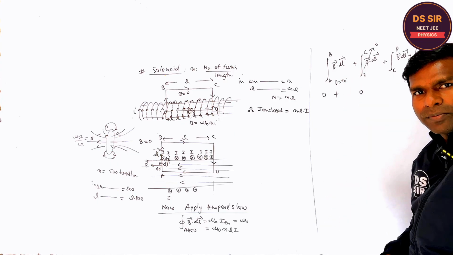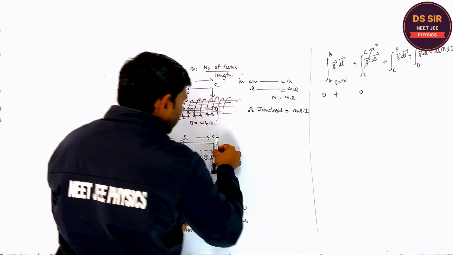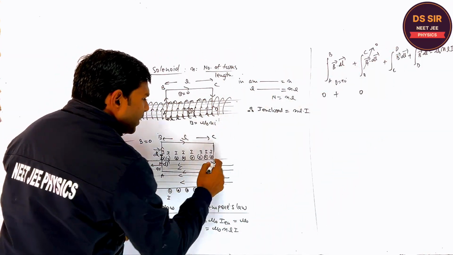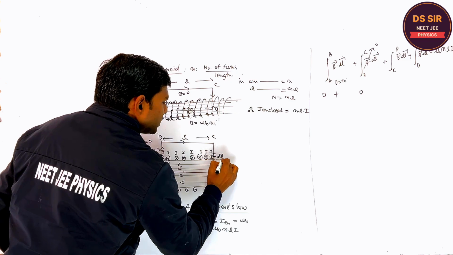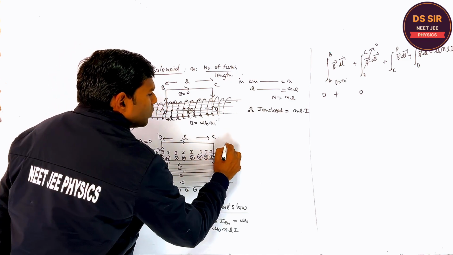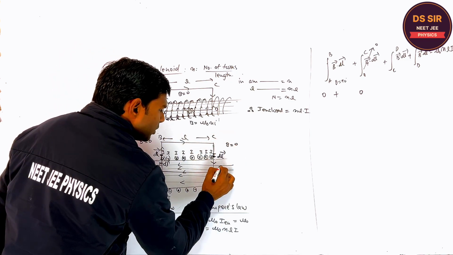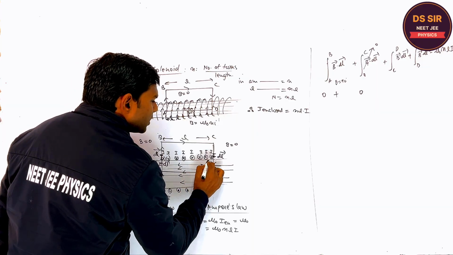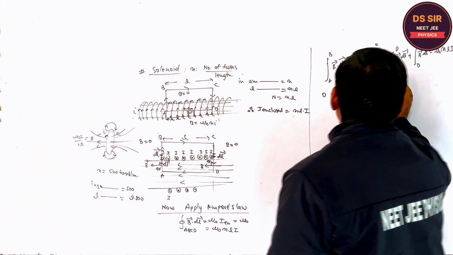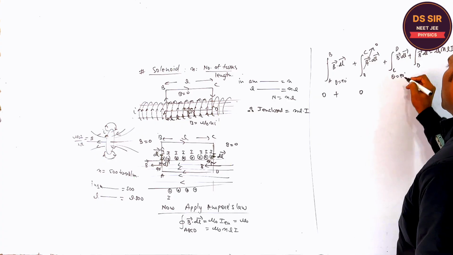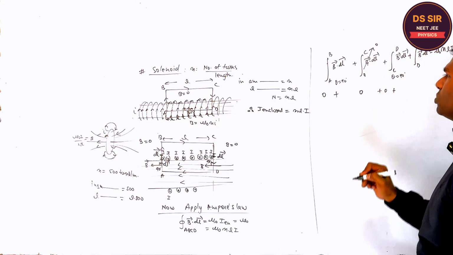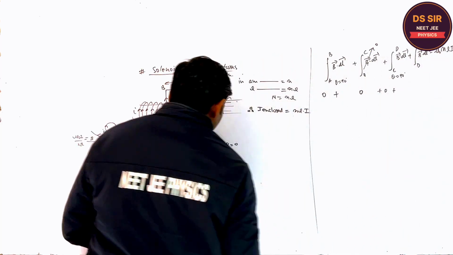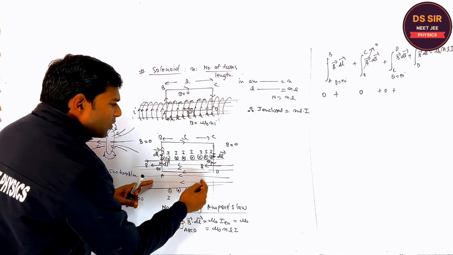In the same way, when you integrate from C to D, outside the magnetic field is 0, and inside, although the magnetic field is present, the angle is 90 degree, and therefore it also becomes 0. So only from D to A can we get a value of the B dot dl.